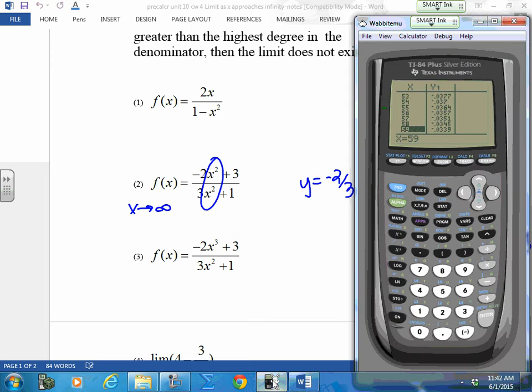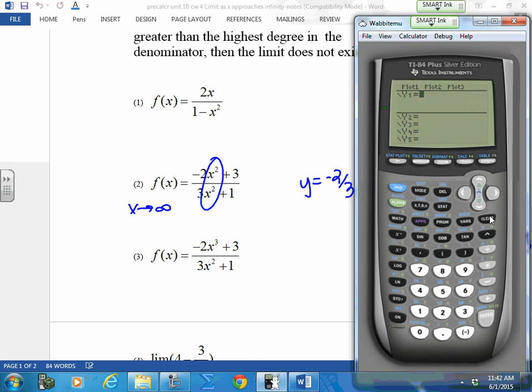See if we can put this in. Sometimes it's so much nicer to look at the graph. Fraction key. I like the fraction key on this because I have such a hard time getting half of these keys out here. Okay, so let's graph this. There's your function.